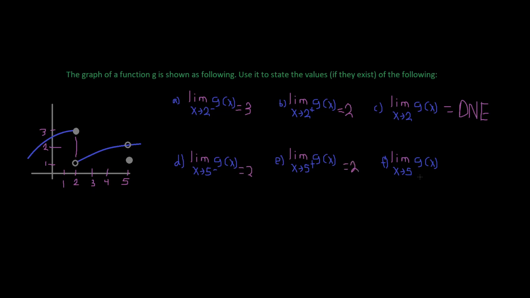Alright, and now the big question. This time the left and the right limits are the same, and so by our definition, you remember our definition was if the limit approaches from the left and the right hand side, then the limit exists. Therefore, it equals 2.